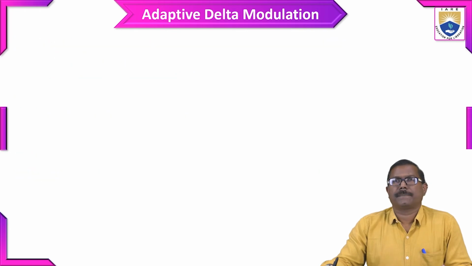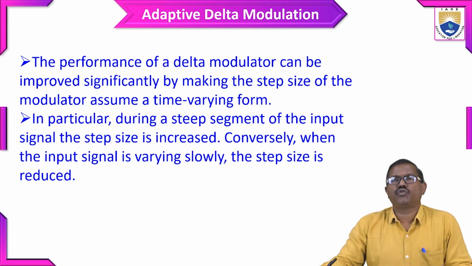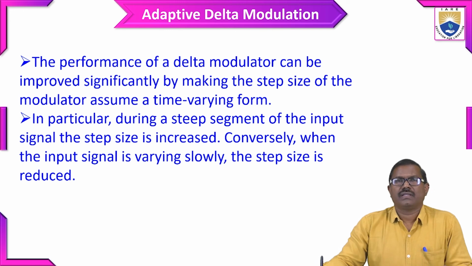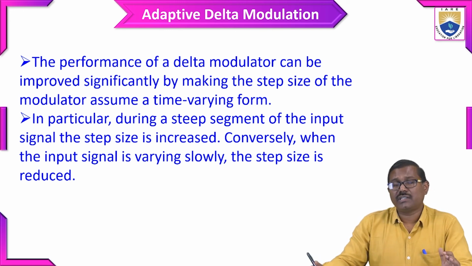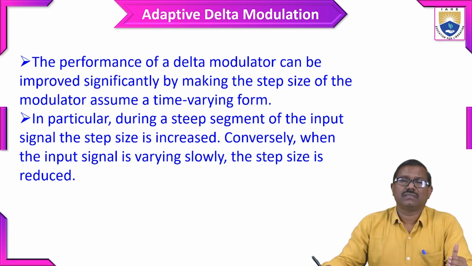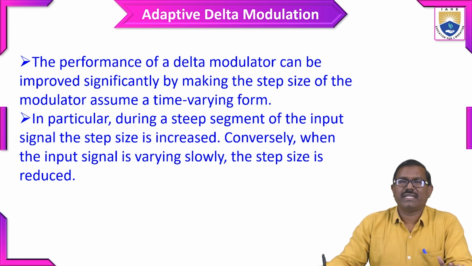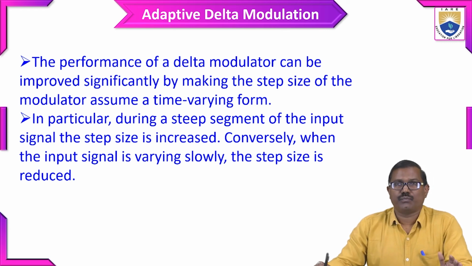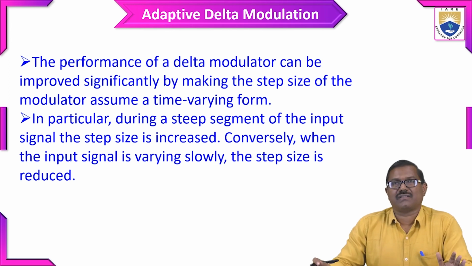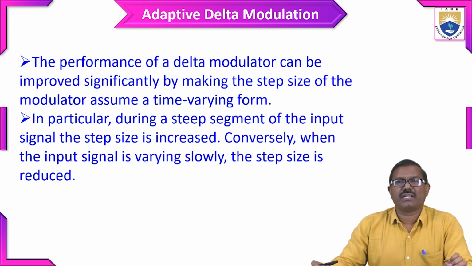Now we will go to adaptive delta modulation. Whatever drawbacks are seen in delta modulation are going to be overcome in adaptive delta. In delta modulation we have a limit: we can increase only one step, because there is a fixed step size.